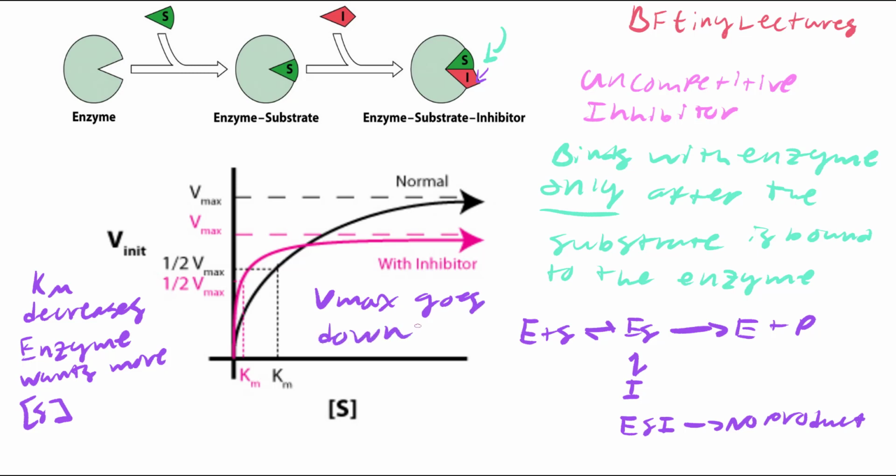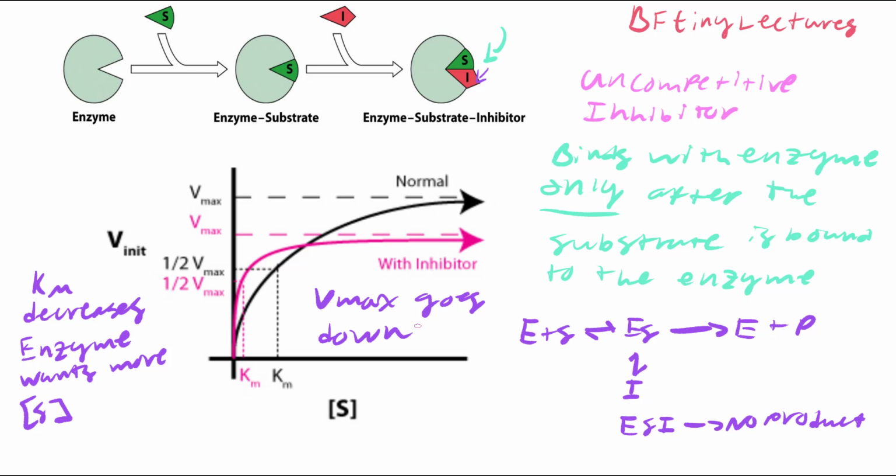And going back to the bus example, it doesn't matter if you have more seats available on the bus. You could be the only person on the bus. But that one person is going to look at you and sit right on your lap and ruin your day. Because that's just how they are. The inhibitor doesn't care that there's more substrates available or whatever.